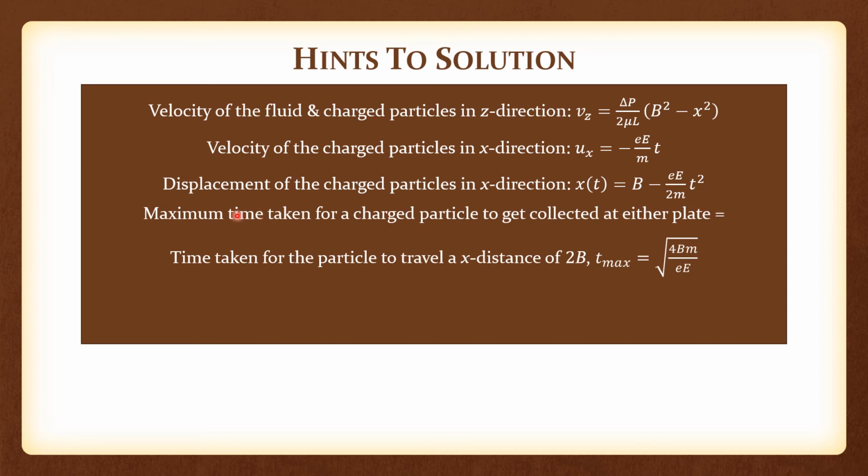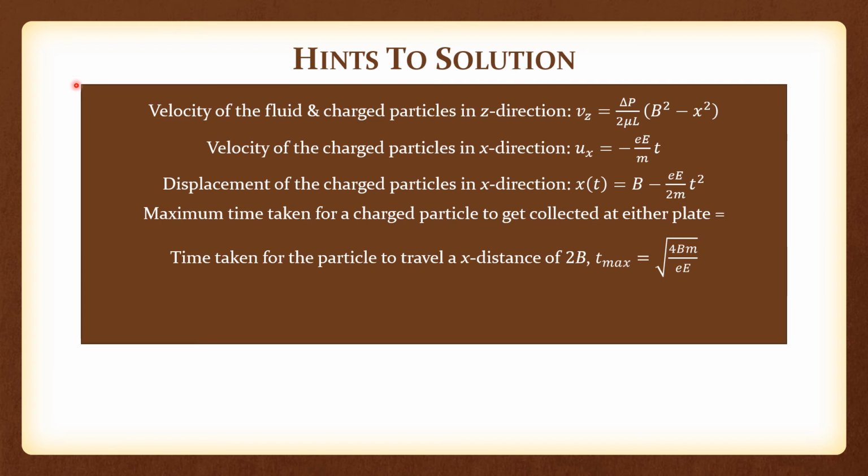So what is the maximum time that is taken for a charged particle to get collected at either plate? Suppose the top of this box is one plate and the bottom of this box is the other plate. So this width is 2b, isn't it?